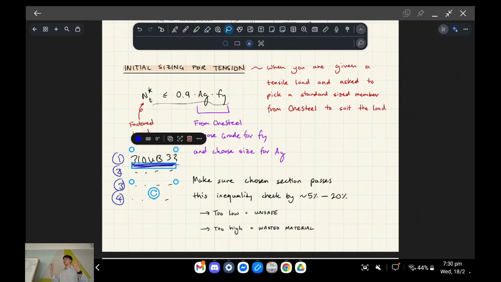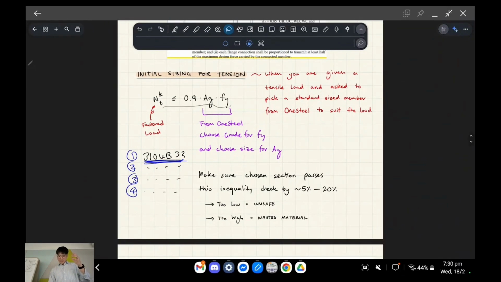So that's what initial sizing is. It's a bit of an art, I guess, choosing how much extra meat you want to pack on to your steel structure in order to deal with uncertainties.